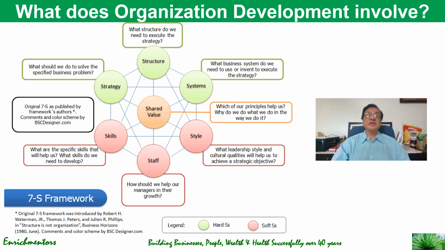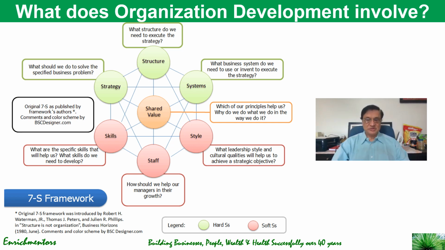And then there are specific things in each of these. Shared values would mean what are the principles that will help the organization achieve its goals. Why should we do what we do and the way we do it? It helps you answer those questions. Strategies answer the question: what should you do to solve the specified business problem or achieve the business objective?